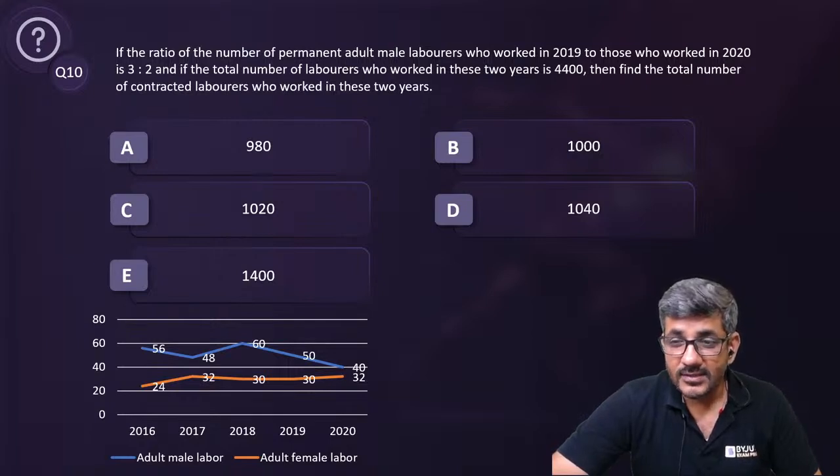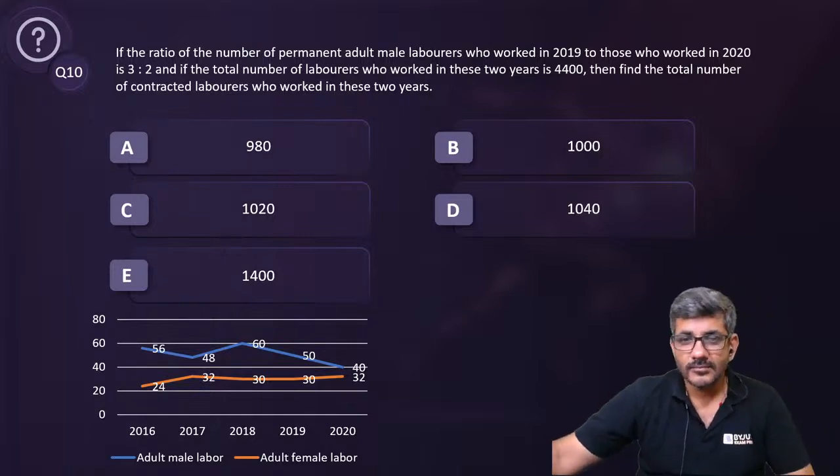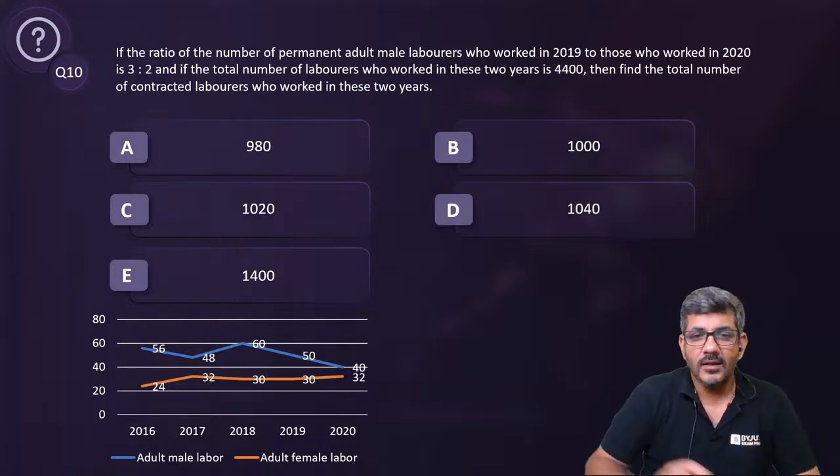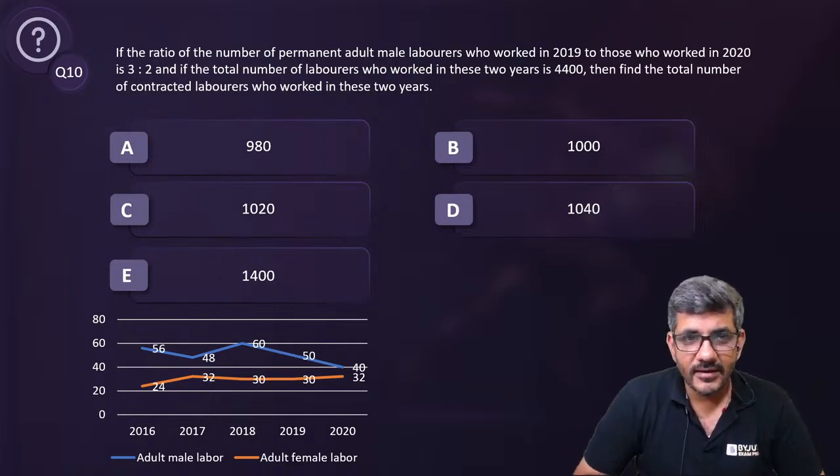Can anyone answer before Anaga this time? Anyone? Any answer for question number 10?